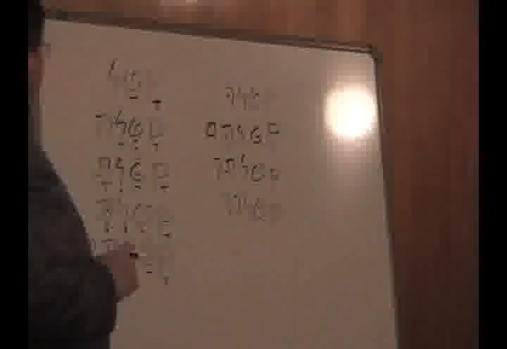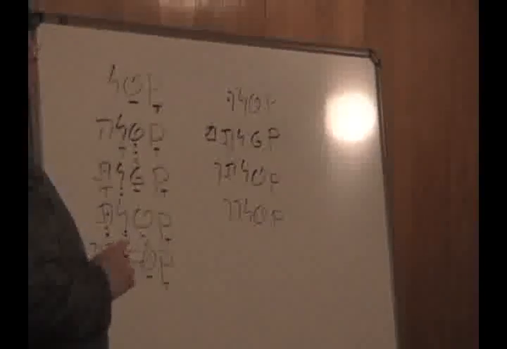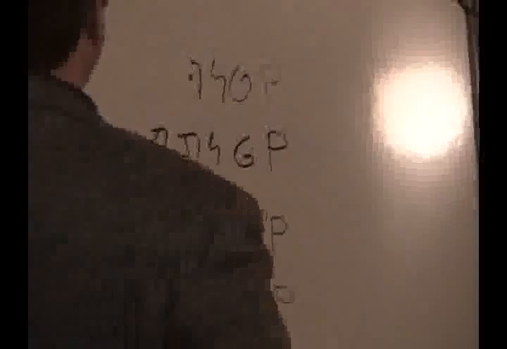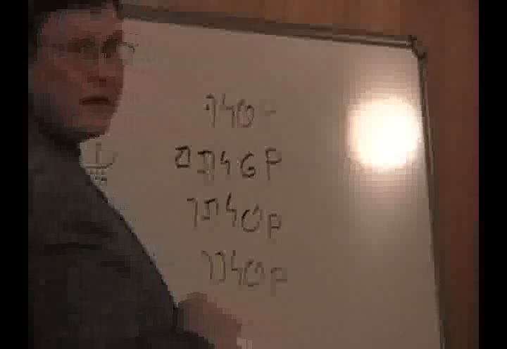Those are my endings. What am I going to do here? Well, I can't have a Shavah here because I already have a vowel with that long. You see that? Yeah. Okay. So I'm going to have this.